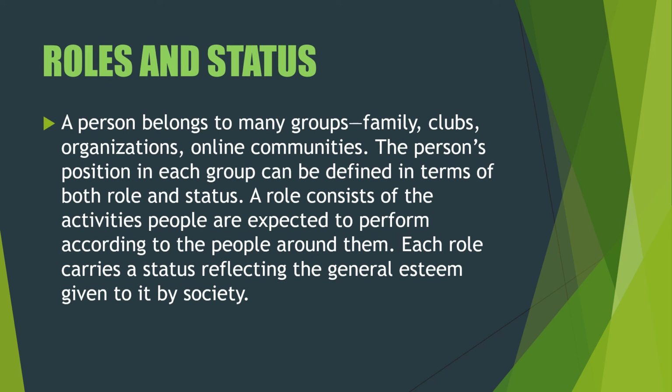A person belongs to many groups: family, clubs, organizations, online communities. The person's position in each group can be defined in terms of both role and status. A role consists of the activities people are expected to perform according to the people around them. Each role carries a status reflecting the general esteem given to it by society.